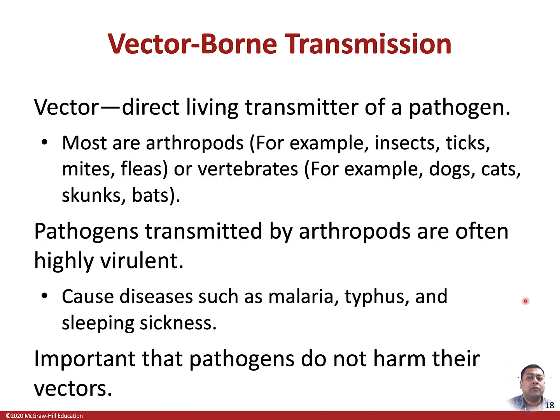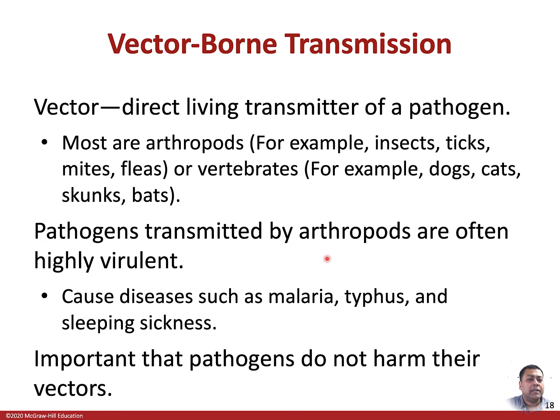After that, we are looking at the vector, which is a living transmitter of the pathogen, and most of them are arthropods. We already talked about these: insects, ticks, mites, fleas, or vertebrates, for example dogs, cats, skunks, and bats. Pathogens transmitted by arthropods are often highly virulent.